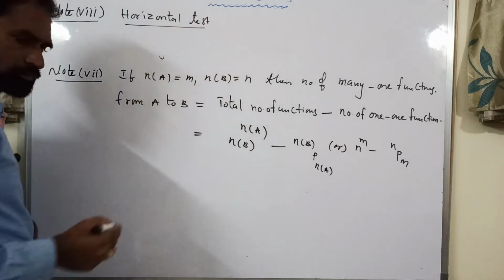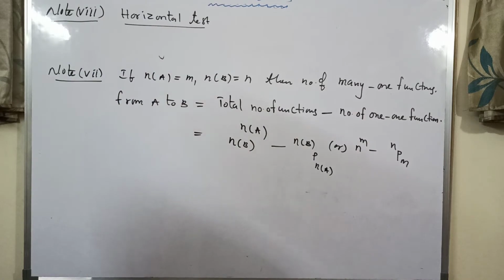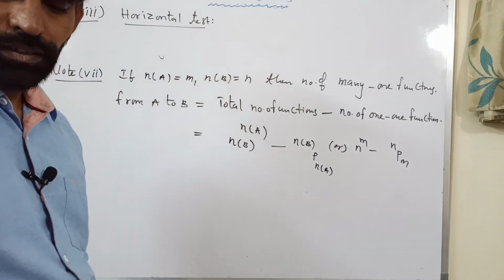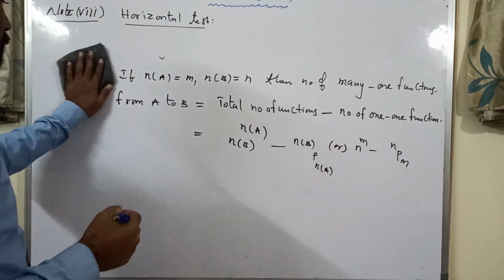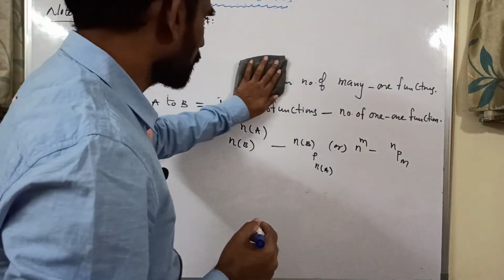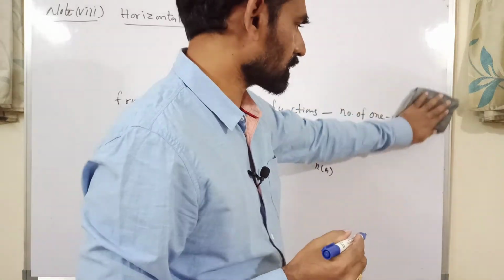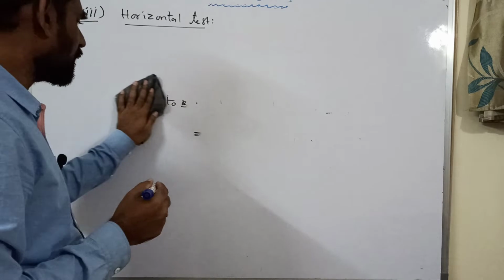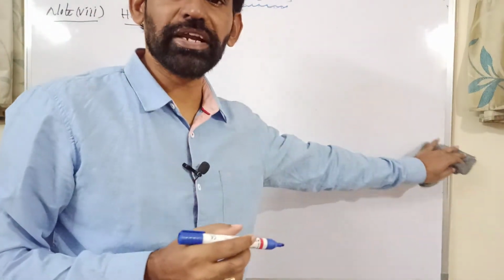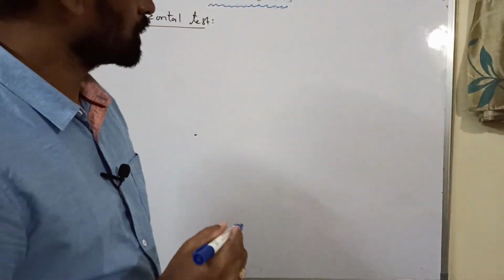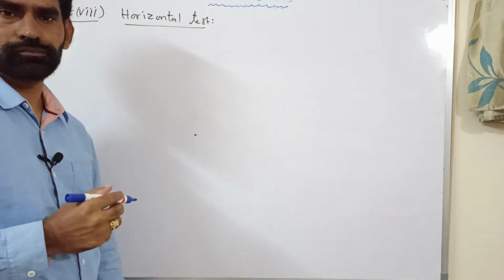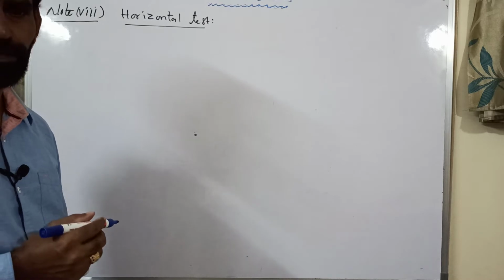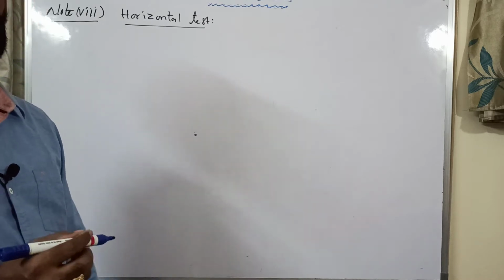Horizontal test. If a line parallel to the x-axis, a horizontal line, meets the graph of the given function f in at most 1 point, then the function is a 1-1 function.